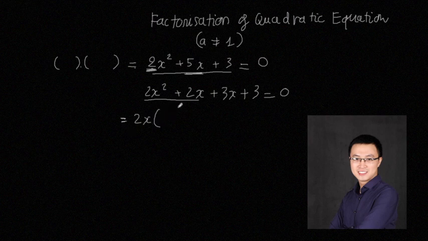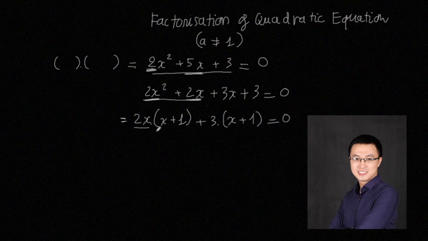So you take 2x outside, and inside the bracket you have x plus 1, because 2x times x gives 2x squared, and 2x times 1 gives 2x. The last two terms are 3x plus 3, and the common factor is 3. You take 3 outside and you have x plus 1 inside.